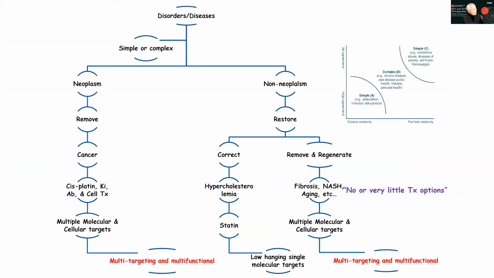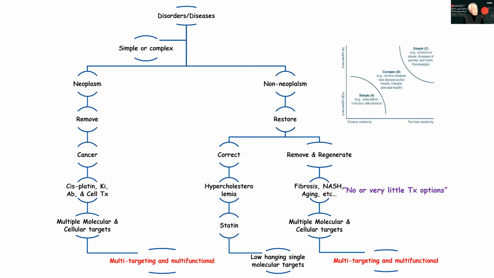Let me simply classify disease into two groups. One is a simple disease. The other one is complex disease. Simple disease is just like amputation, dehydration, infection, etc. As we live longer, we may have more complex and chronic disease than before.